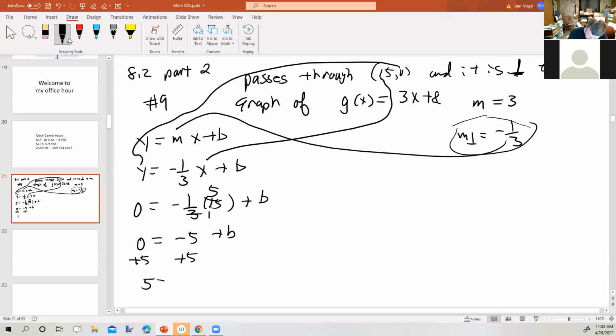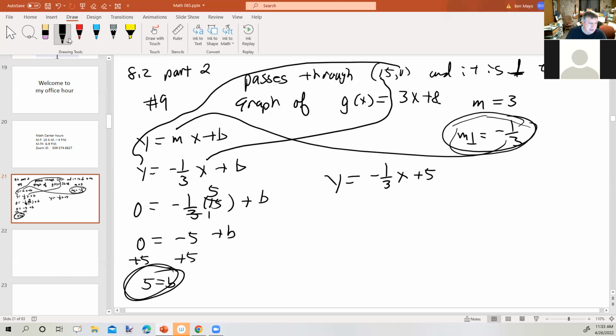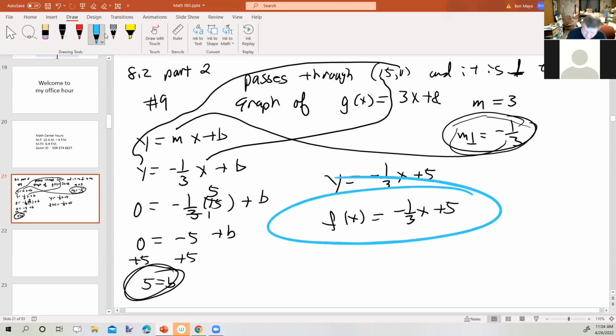Add 5 to both sides, b = 5. So now we have the slope of the new line and the y-intercept of the new line. y = negative 1/3 x + 5, but writing it as a function, f(x) = negative 1/3 x + 5. We okay with that?